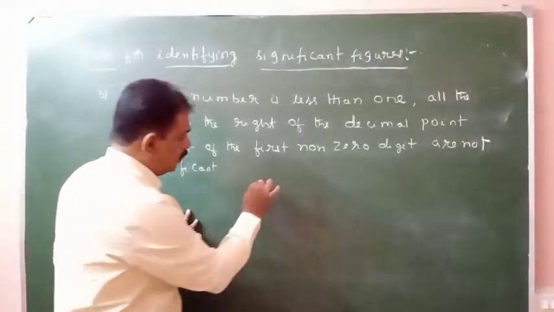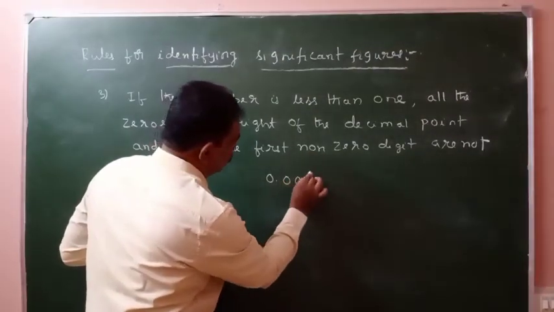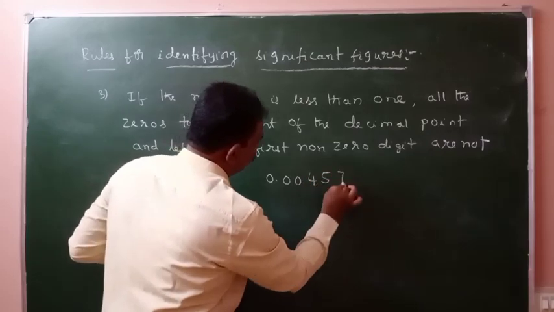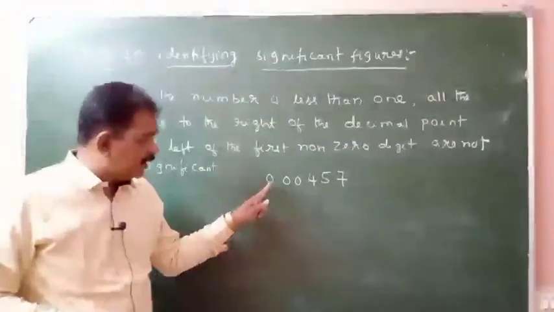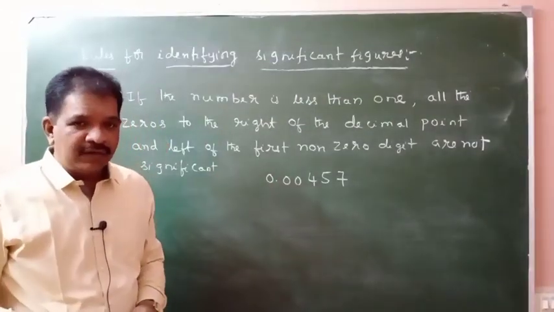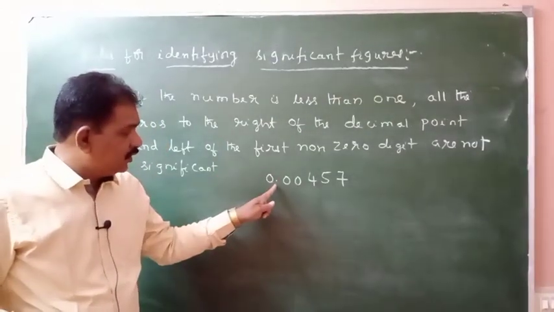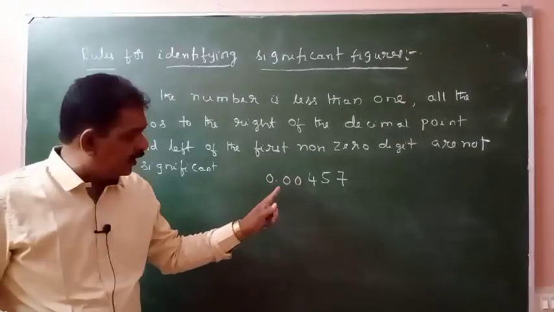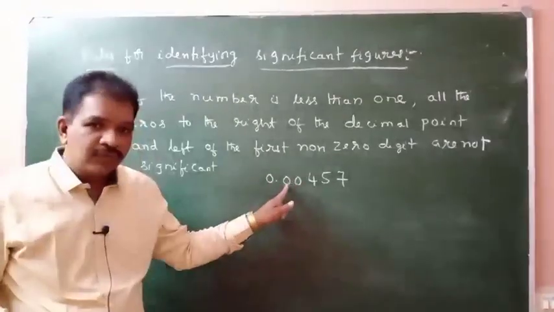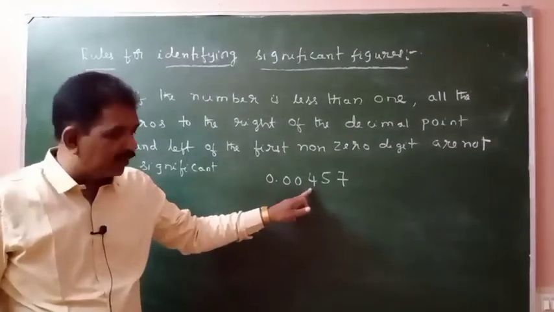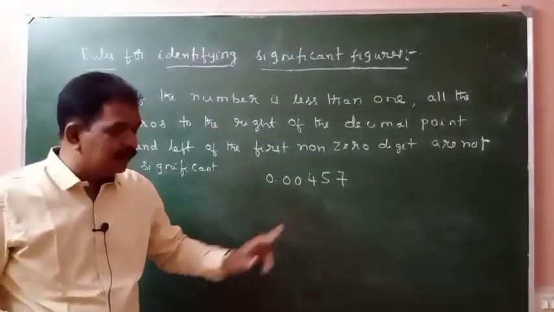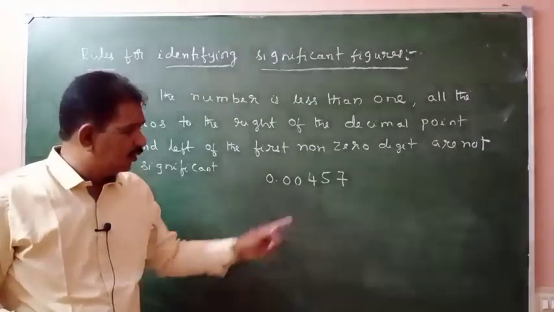For example, 0.00457. This number is less than 1. Then zeros to the right of the decimal point, these two, and left of the first non-zero digit. The first non-zero digit in this number is 4.